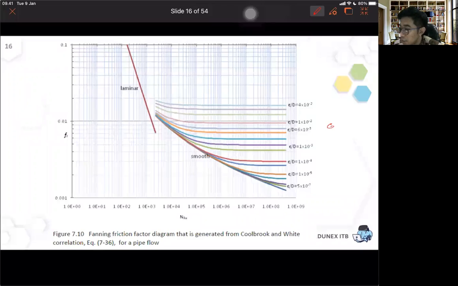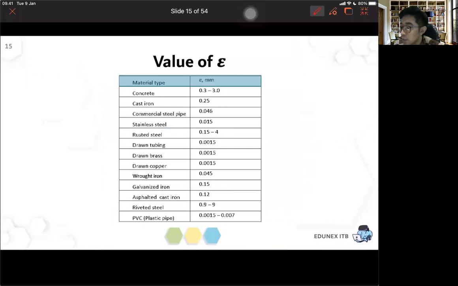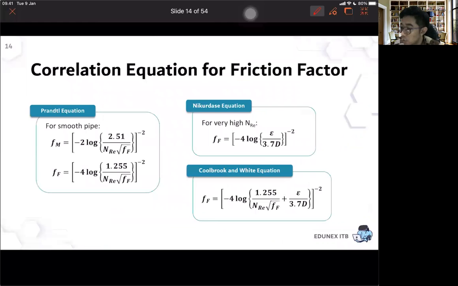The epsilon over D is 2 times 10 to the power of minus 3, right? So it should be above this line. Or since it's already completely turbulent, you can use this equation as well, because it's a very, very high Reynolds number.